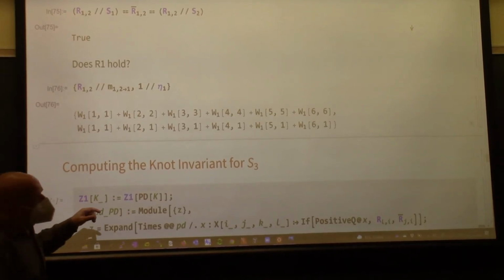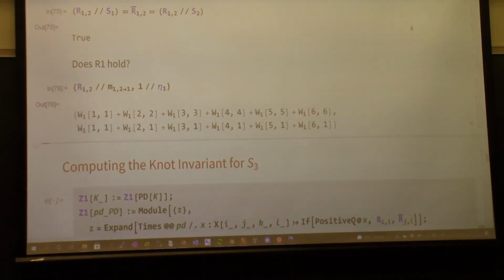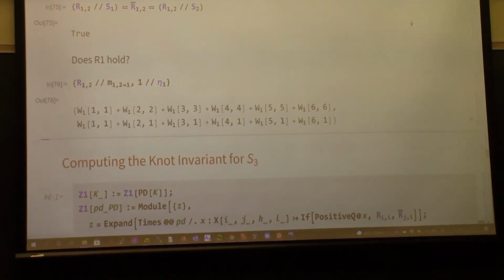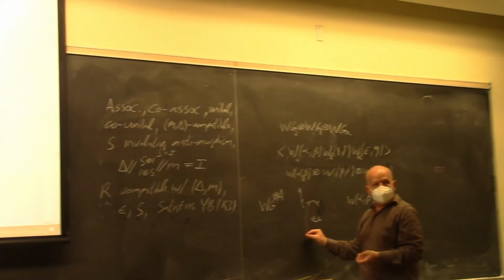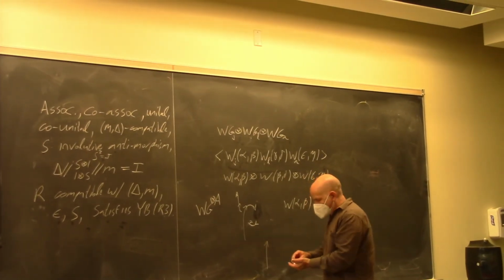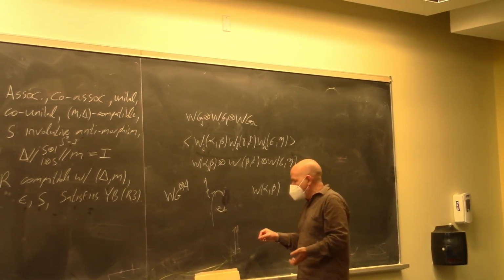By the way, it totally makes sense, right? If you remember the topological interpretation, we were counting representations into the group in which W alpha beta counts representations in which the meridian is alpha and the longitude is beta. So in the identity element, the meridian could be anything, but the longitude is trivial, so it's also always 1.